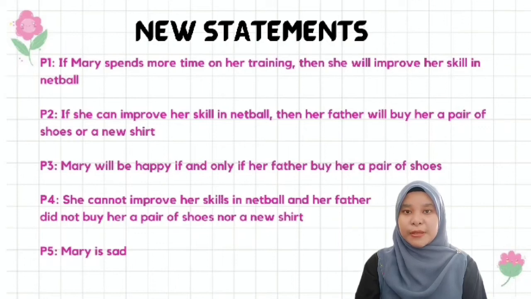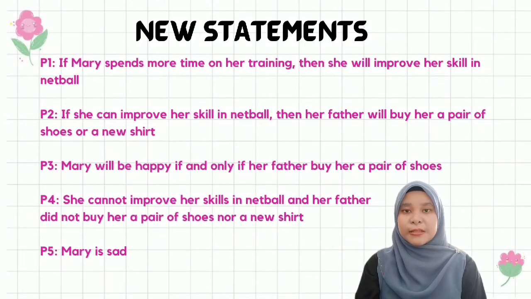Statement 3, Mary will be happy if and only if her father buys her a pair of shoes. For statement 4, she cannot improve her skills in netball, and her father did not buy her a pair of shoes nor a new shirt. Statement 5, Mary is sad.